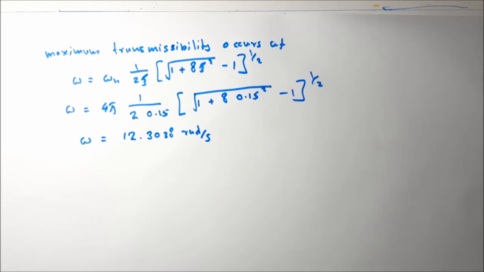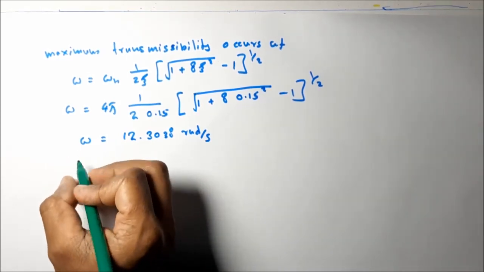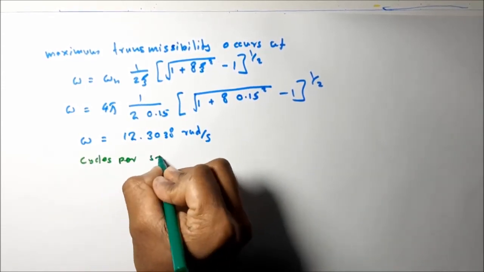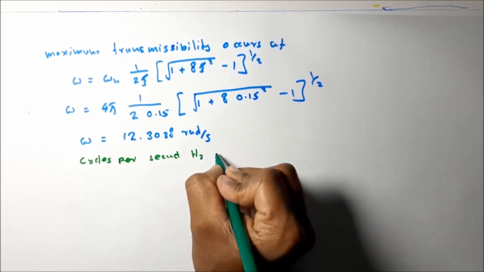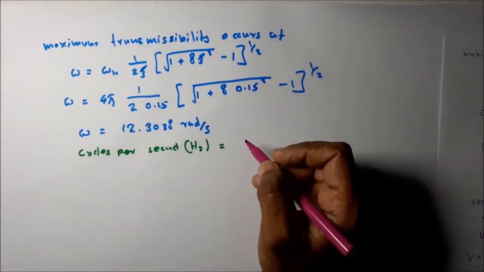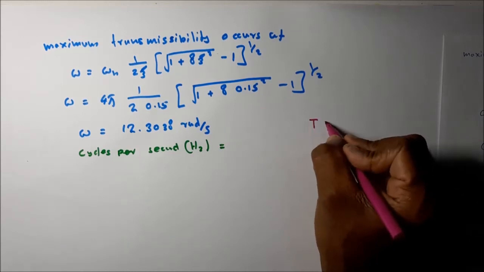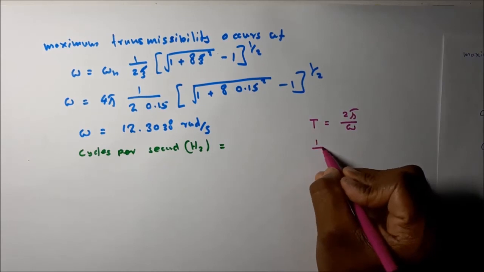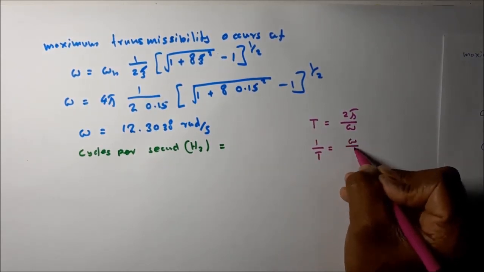So how do we calculate the cycles per second, that means in hertz? I'm going to convert it into cycles per second. The period t is equal to 2π divided by omega, so 1 over t is the frequency in hertz, that means omega divided by 2π.